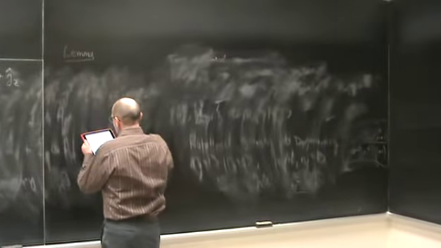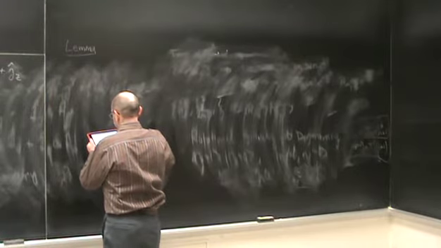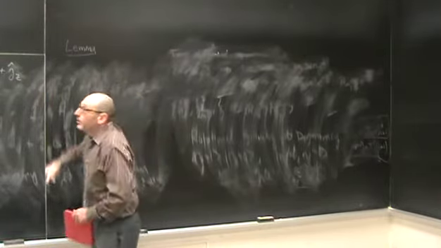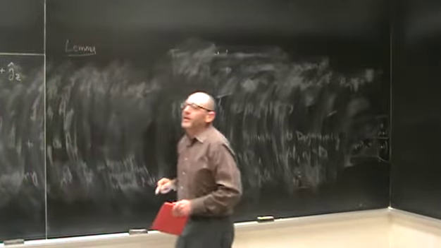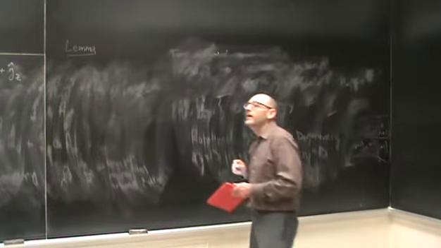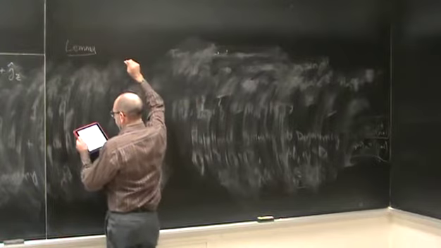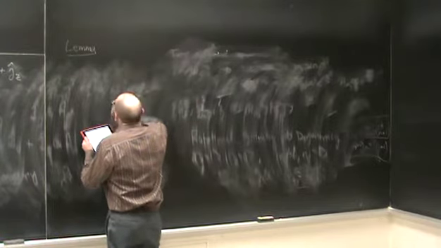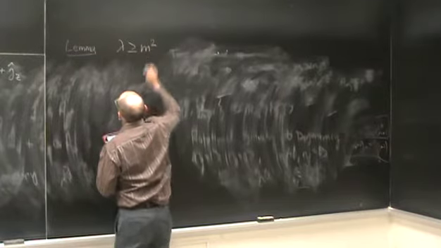The claim is that it must always be true. So we're solving that eigenvalue problem where the eigenvalue of j squared is lambda, the eigenvalue of jz is m. And the claim is we can prove that it must always be the case that lambda is always bigger than or equal to m squared.